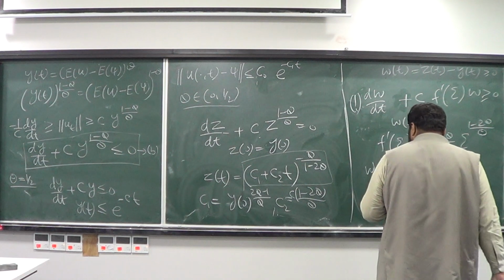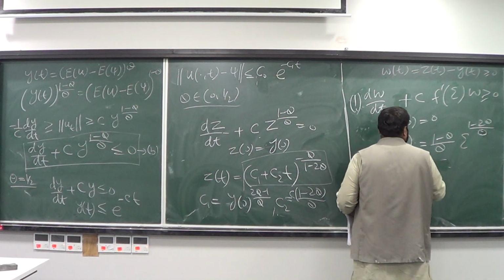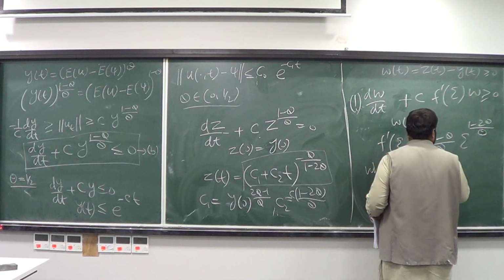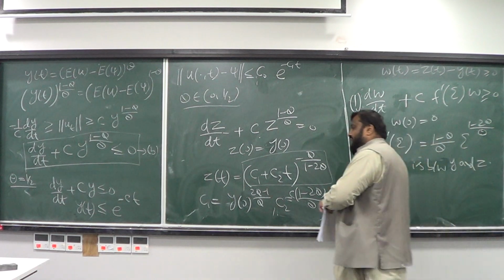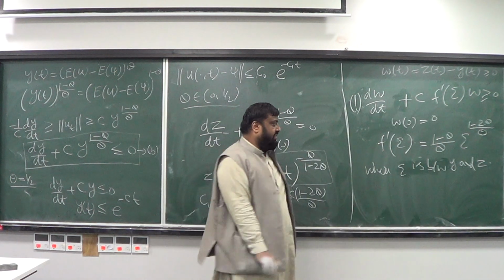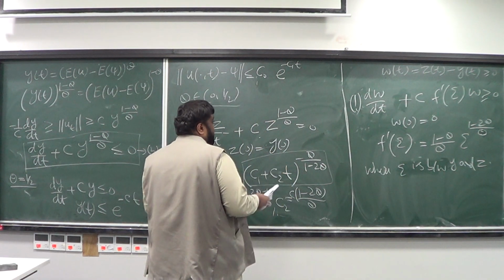I don't know whether y is bigger or z is bigger, so xi is something between y and z.